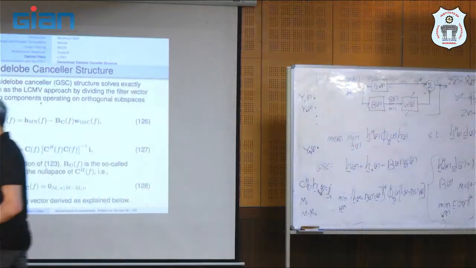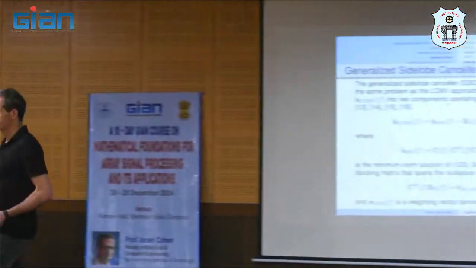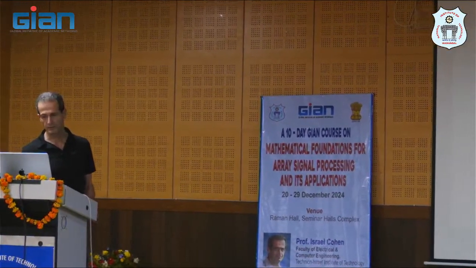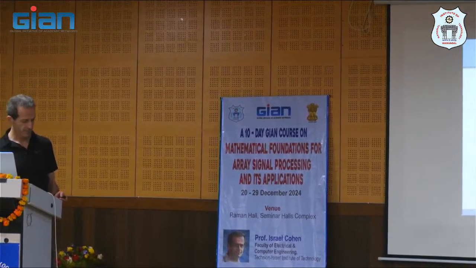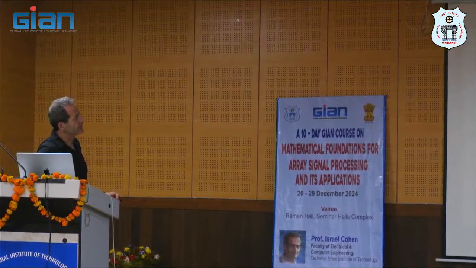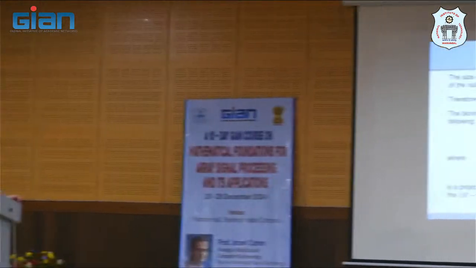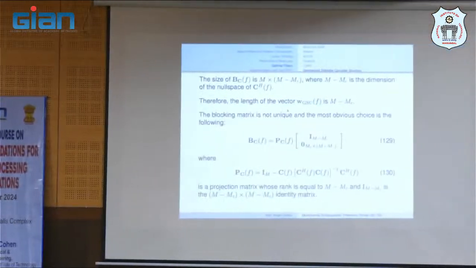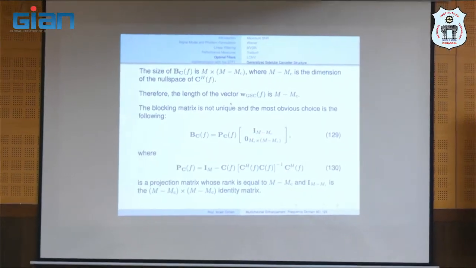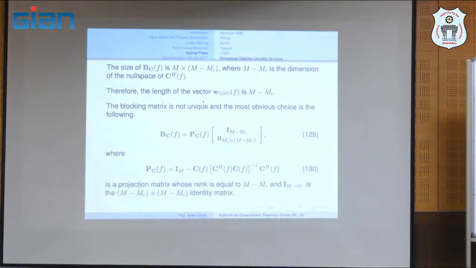Now, we can find a solution for that, okay? What is the solution? The blocking matrix. It looks like that, just like we showed before. So the blocking matrix can be written as a matrix P, PC, and this matrix is an identity matrix of size M minus C by M minus C. This is the identity matrix.